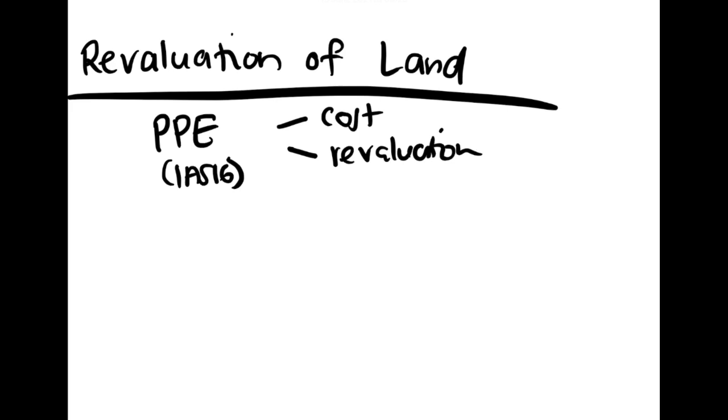Okay, and the nice thing about the revaluation model is that if we have our land on the revaluation model, then we always have our land at a value that is indicative of its fair value. So how do we go about doing this revaluation?